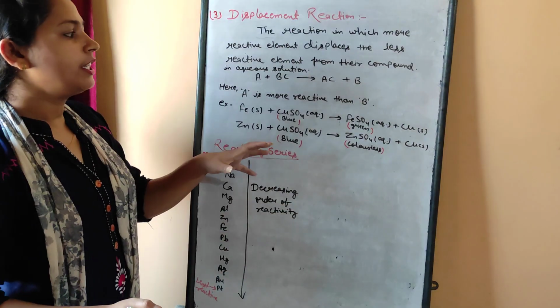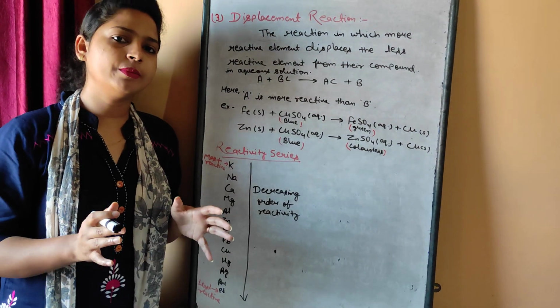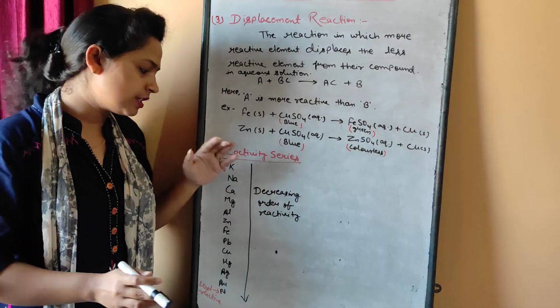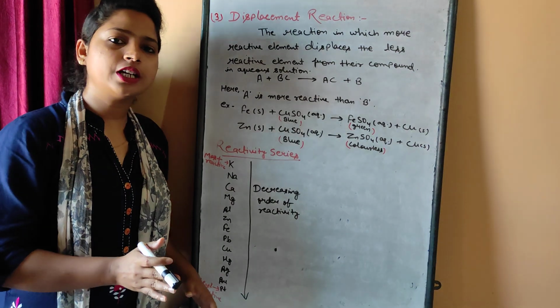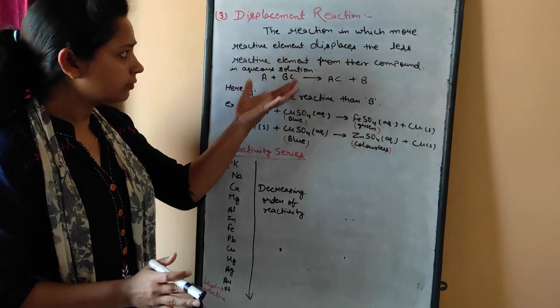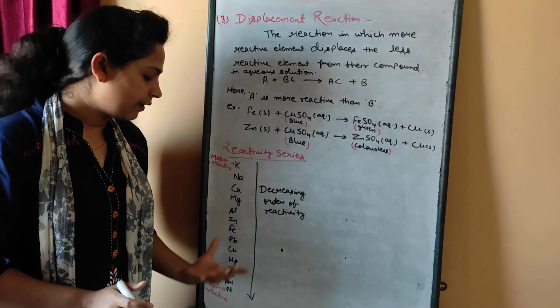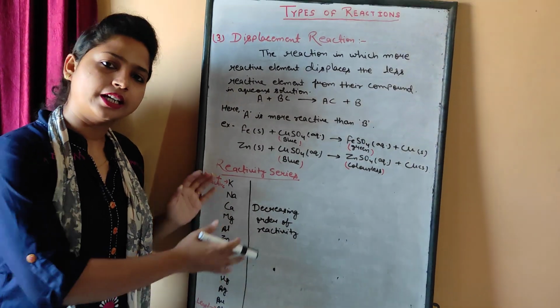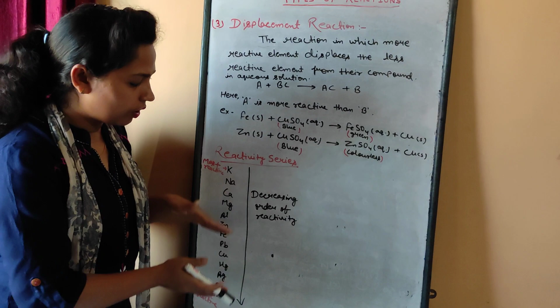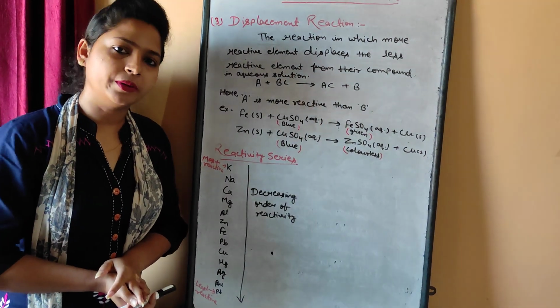Correct? So in the displacement reaction, we have to memorize 2 or 3 things. The very first is the reactivity series. Without the reactivity series, we are not able to perform the displacement reaction. So first you have to learn the reactivity series, that is, the order of reactivity of different metals.